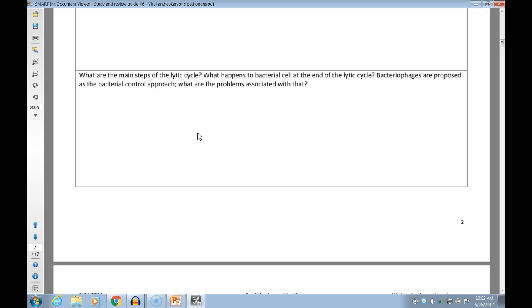What are the problems associated with bacteriophages as bacterial control? Resistance, bacteriophage antigenicity, unknown specificity. We don't know if bacteriophage can infect whatever we want to control or not.